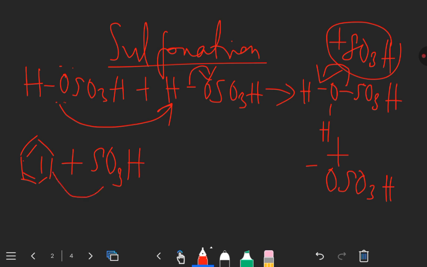So the double bond is going to attack to grab this electrophile. Then what we are going to form will be this structure. So we're going to form this now with the electrophile attached like that. Then there we should have a carbocation.